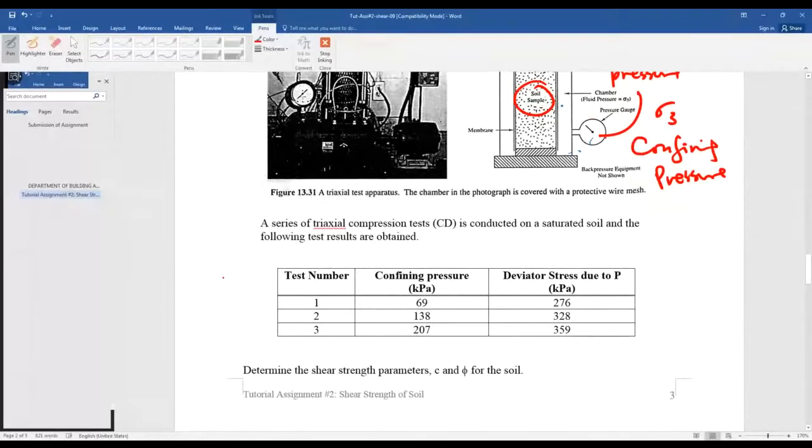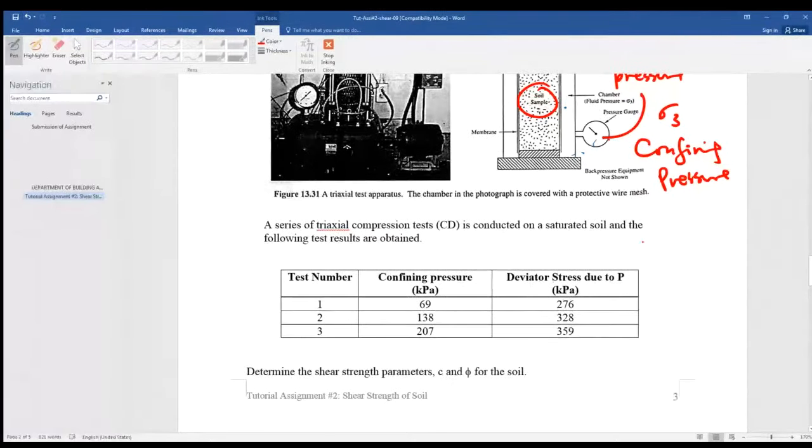Now, here, the confining pressure, sigma 3. Now, what's the deviator stress? It means that for this specimen, first of all, you apply sigma 3 all around, the confining pressure.